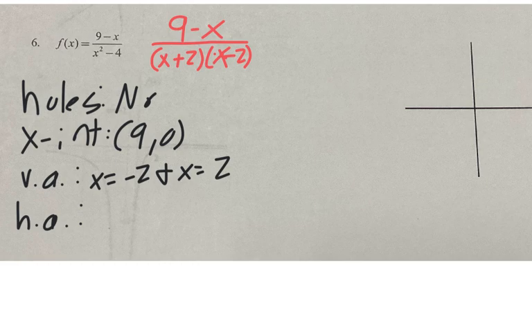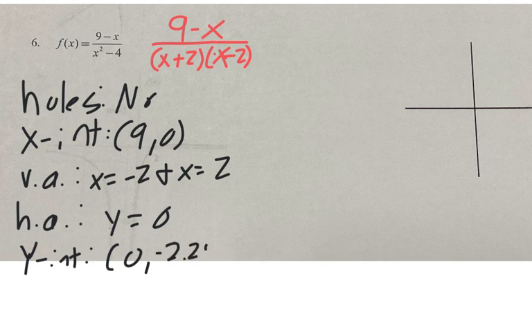Because the degree of the numerator is less than the degree of the denominator, my horizontal asymptote is at y equals 0. My y-intercept is at -9/4 or -2.25.